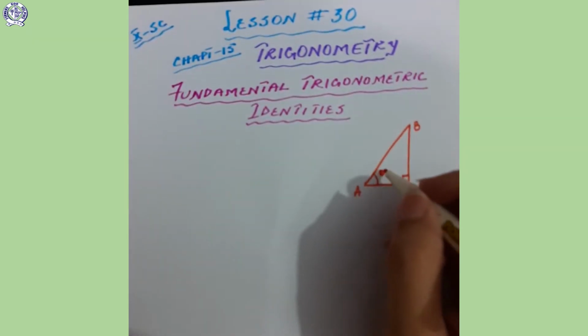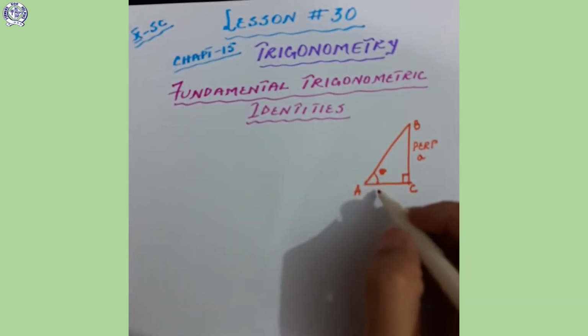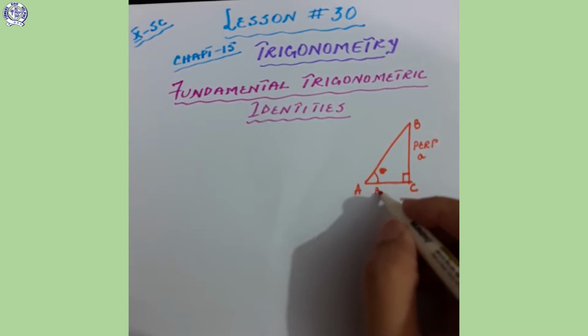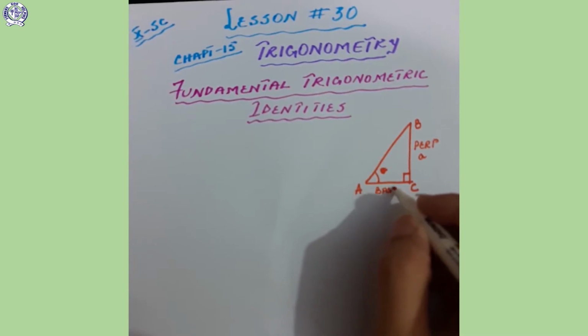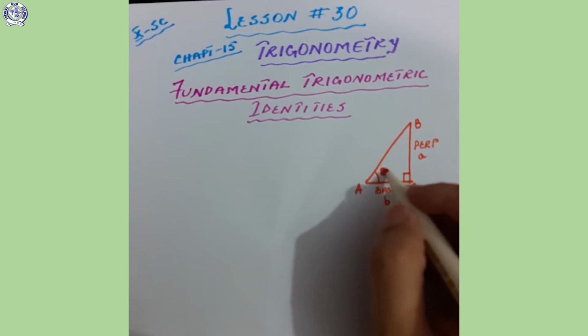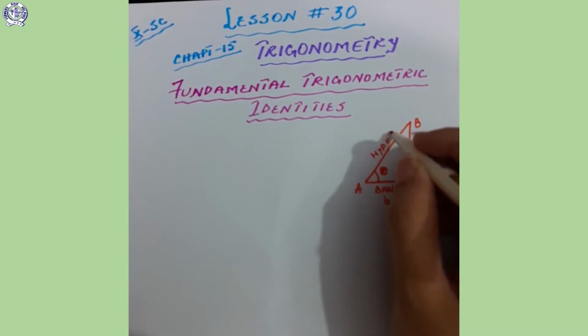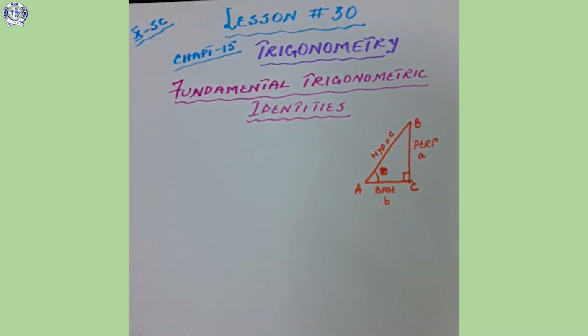So this is theta, so opposite side is perpendicular, small a, adjacent side is base, small b, and this is theta. Opposite of C is hypotenuse, small c. So these are the three sides of a right angle triangle.